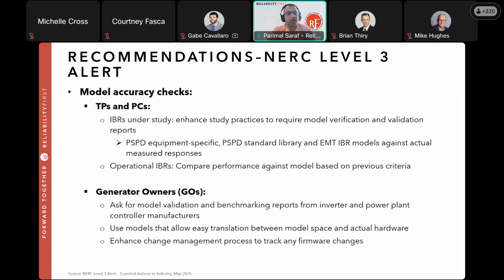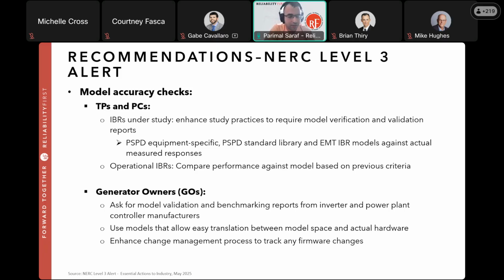In terms of model accuracy, NERC identified, as mentioned in a few of my previous slides, that a lot of these issues were observed because of incorrect models being used as part of the studies, as opposed to what was observed in the field.